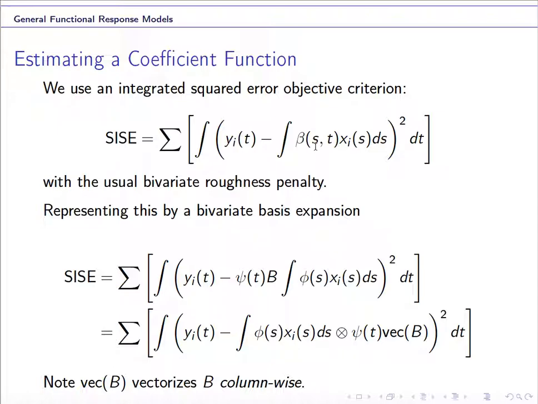The simple way to represent this bivariate coefficient is to write it as a linear combination of basis functions, which will be bivariate basis functions.